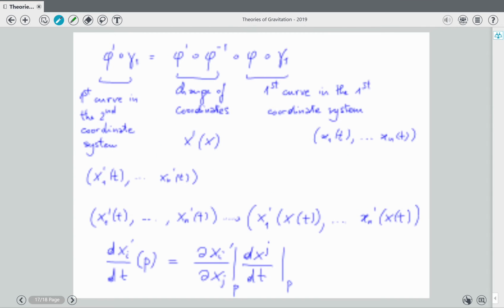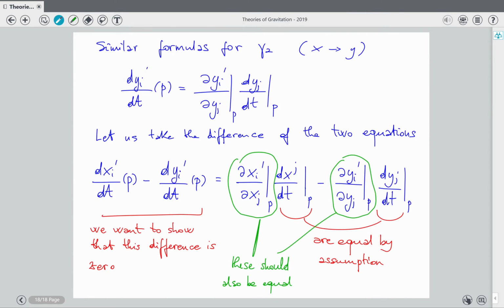But they have the same tangent there because these are indeed equal, because they are the Jacobian for the change of coordinates between phi prime and phi, which knows nothing about the curves.